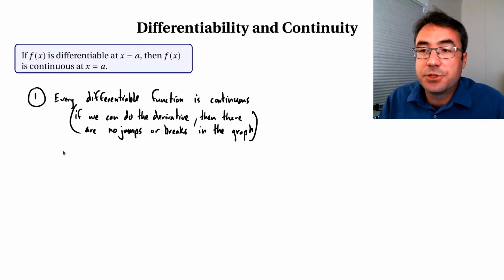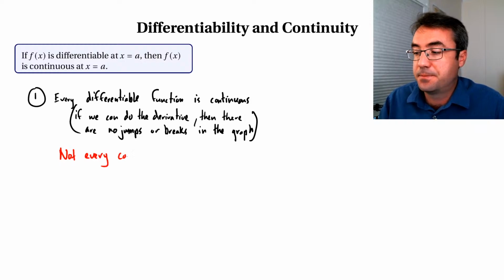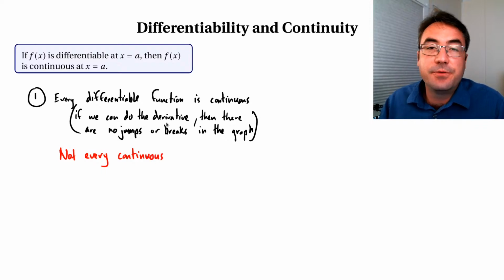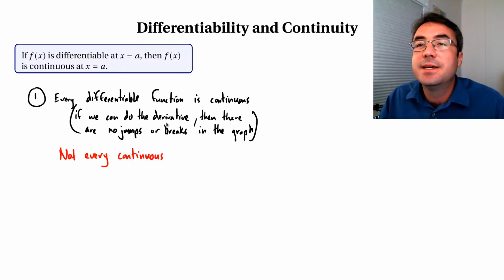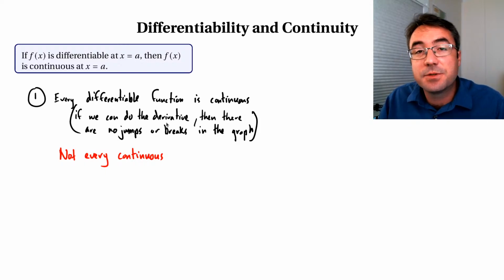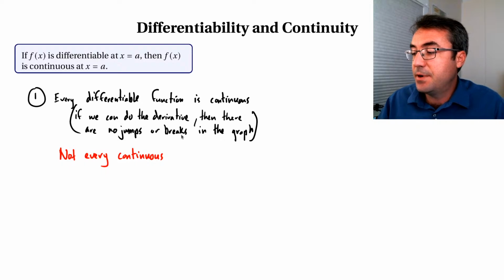As that last example shows, though, not every continuous function is differentiable. So it doesn't go in the other direction. If you know your function's continuous, it doesn't tell you anything about differentiability. It might be differentiable, it might not be.